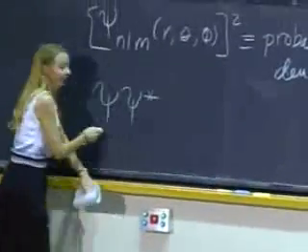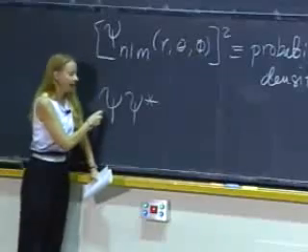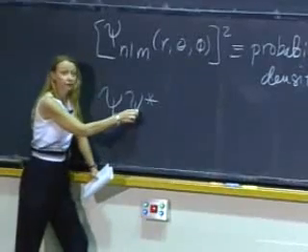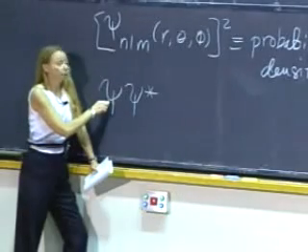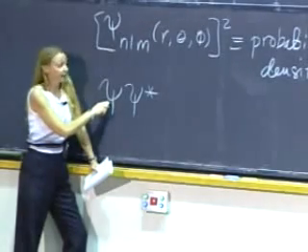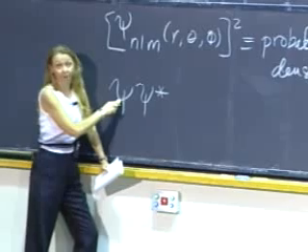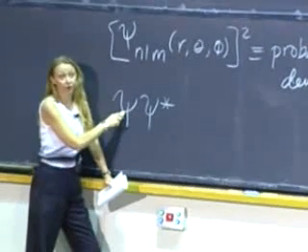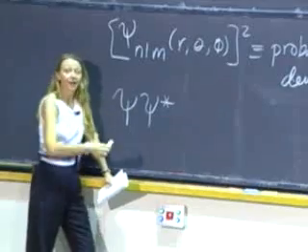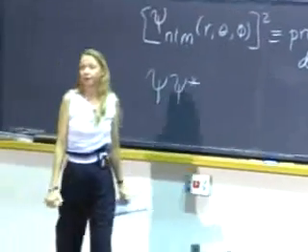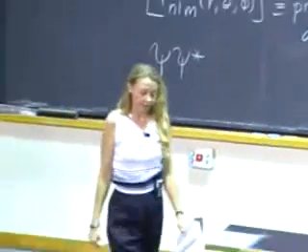So the more comprehensive definition is psi times psi star. When you multiply psi by psi star, if psi is a complex function, you get a real function. We won't use that. I just wanted to let you know about it.